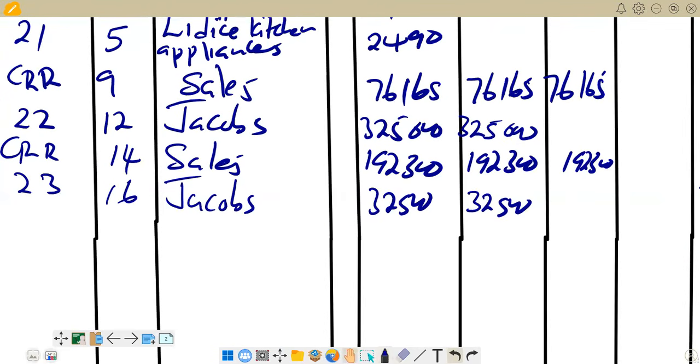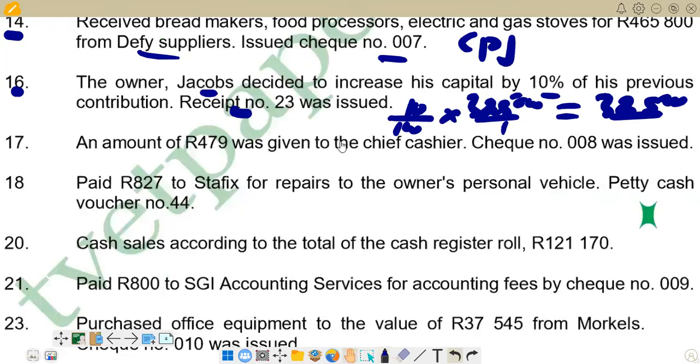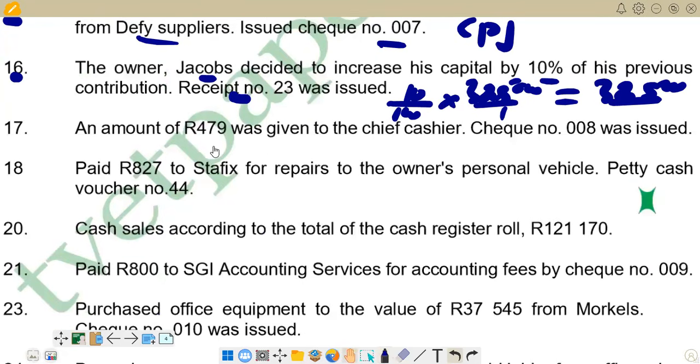So we can go back to check what we have next. Next we have 17. On 17 it reads an amount of 479 rands was given to the chief cashier, check number 008 was issued.